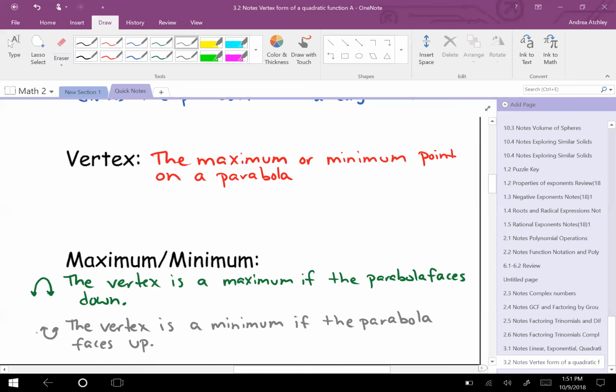Okay, then the vertex is the lowest point. Any questions over that?